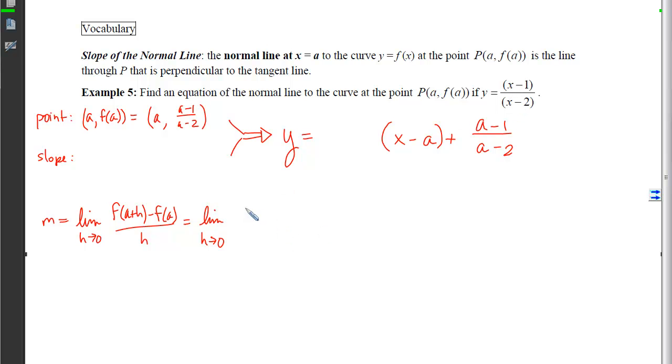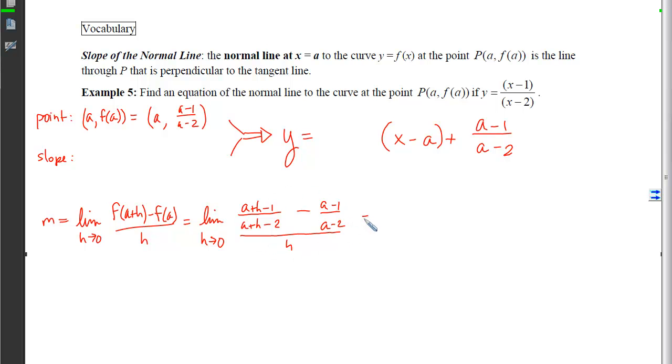So I have an a plus an h minus a 1 over an a plus an h minus a 2. Then I'm going to subtract what comes out when I plug in an a. So those x's will get replaced with a's. So an a minus a 1 over an a minus a 2. And then on the bottom, I still have this h. So I've replaced f of a plus h with what it equals, and I've replaced f of a with what it equals.